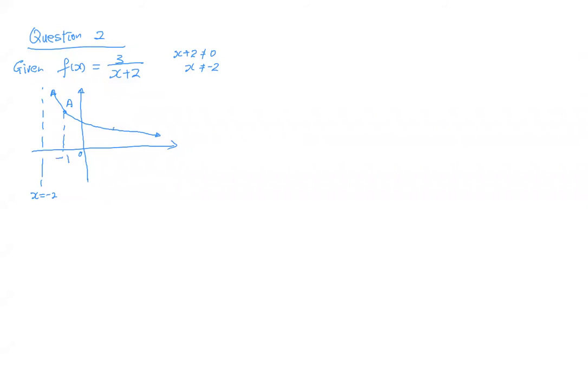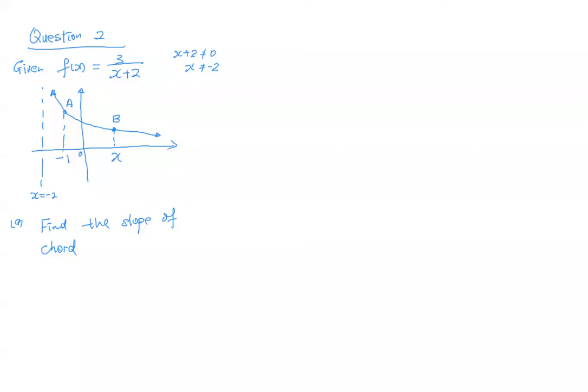I have another point B. I don't know the x coordinate. I just let it be x, okay? So first part, find the slope of chord AB. Wait, miss, where did you get -1 from?